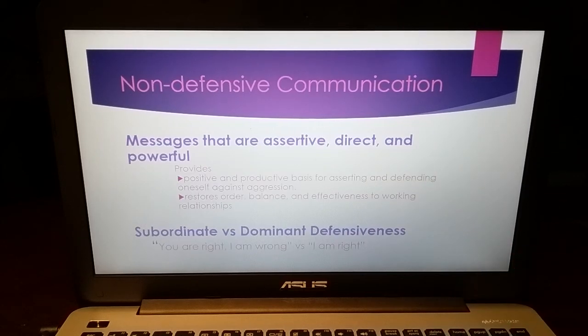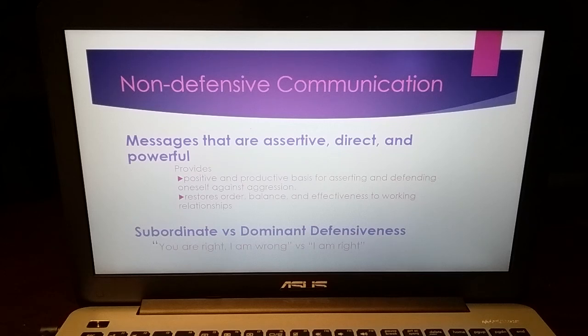All right, now non-defensive communication are things that are assertive and direct. And assertive isn't necessarily always a negative thing. It just means that it is what it is, and you're just stating the facts. And it should restore some level of order to the working relationship.